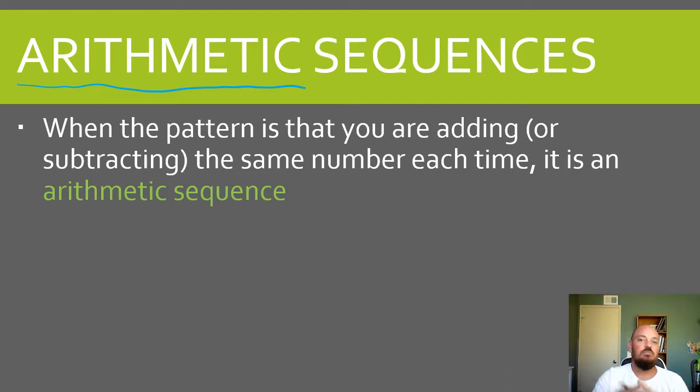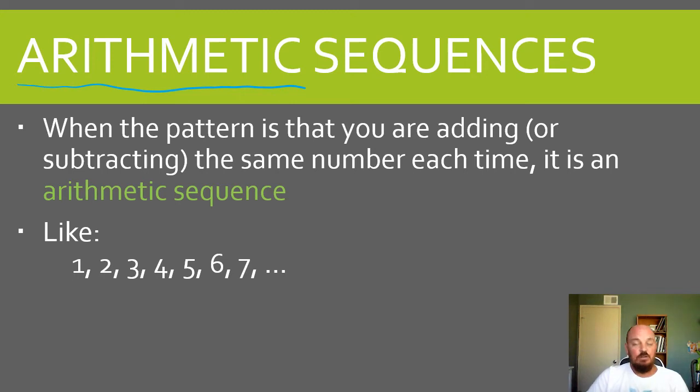But this is being used as an adjective. It's being used to describe the sequence. And when you use it as an adjective, the stress falls on a different syllable. You pronounce it a little bit differently. So that's how that word is said. We say arithmetic sequences. And really remember what it means is the pattern of the sequence is that you are either adding or subtracting the same number each time.